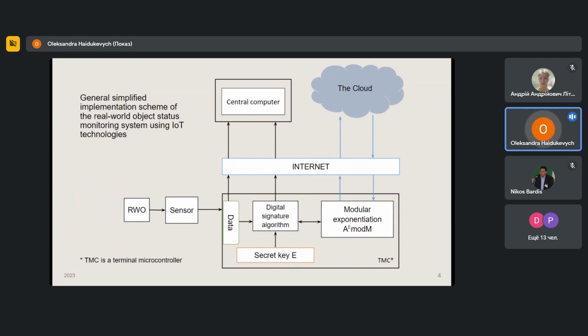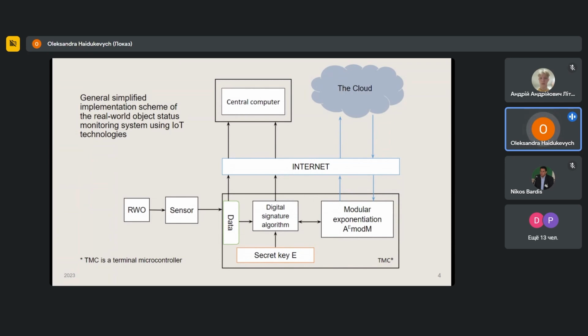Consequently, calculating the modular exponent on the terminal microcontroller considerably complicates real-time management. One highly effective solution to this challenge involves leveraging cloud technologies, which entails performing the majority of calculations on remote computer systems. However, this approach introduces a potential risk wherein an attacker could gain access to the secret keys of terminal devices through attacks on remote computer systems.